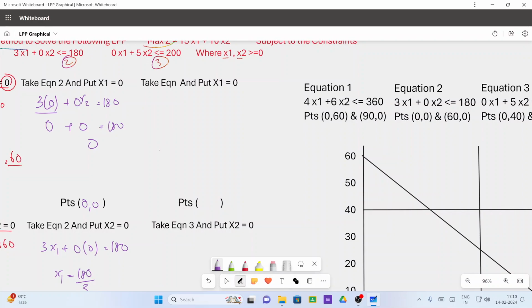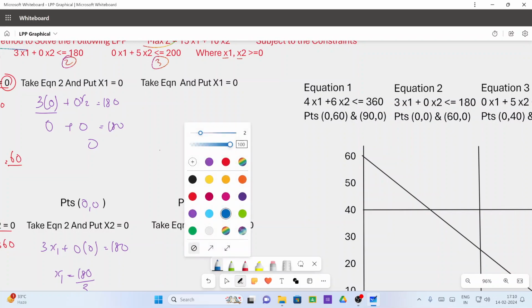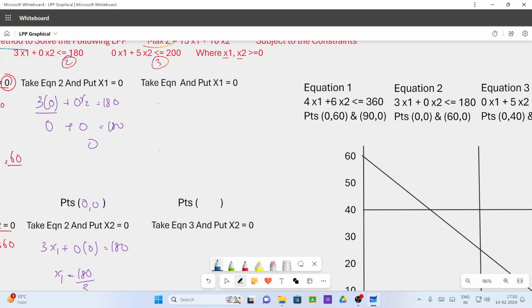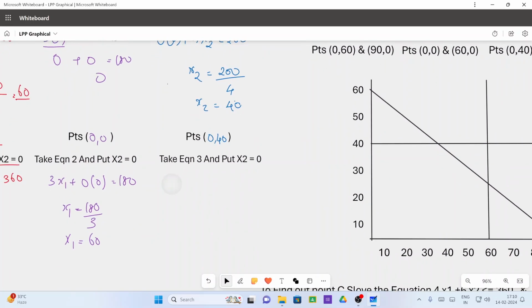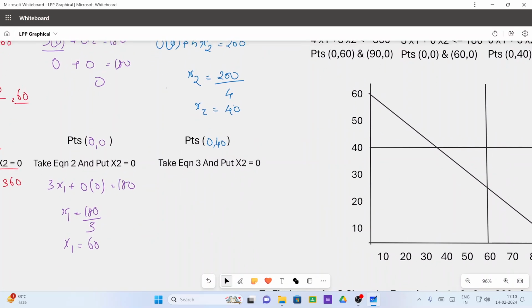Now we do the same for the next equation. We substitute x1 as 0, so 0x1 plus 5x2 equals 200. So x2 equals 200 divided by 4, which is 40. So x1 is 0 and x2 is 40. Now for the same equation we substitute x2 as 0.